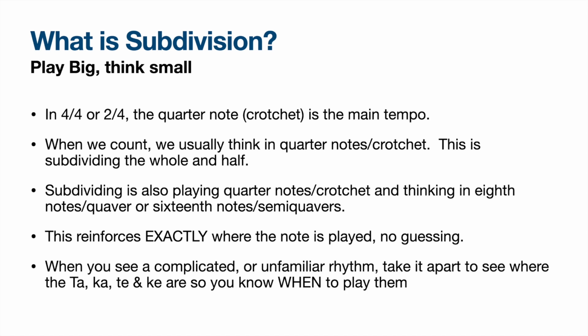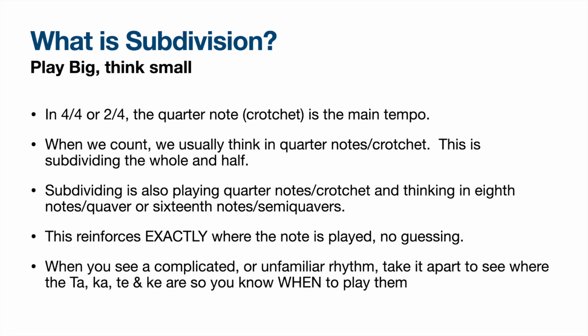You probably already do this because when we are playing in 4/4 or 2/4 or similar time, you're usually thinking 1, 2, 3, 4, 1, 2, 3, 4, and you're associating that with the quarter note or crotchet for our UK descended people.